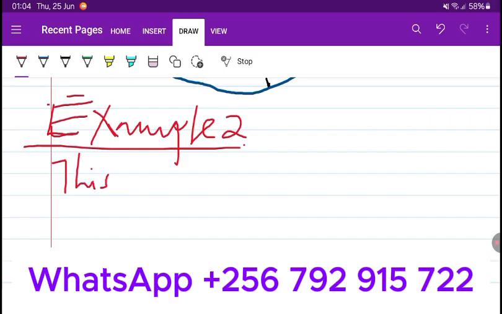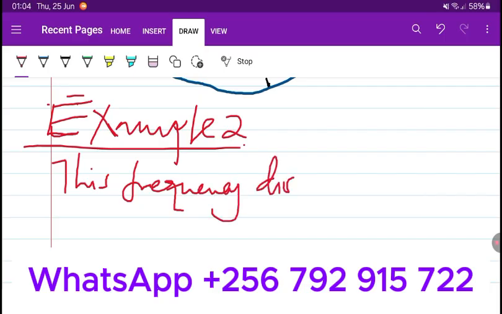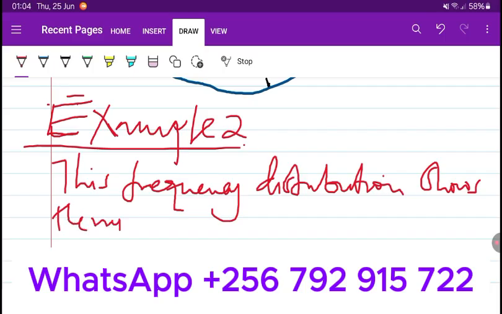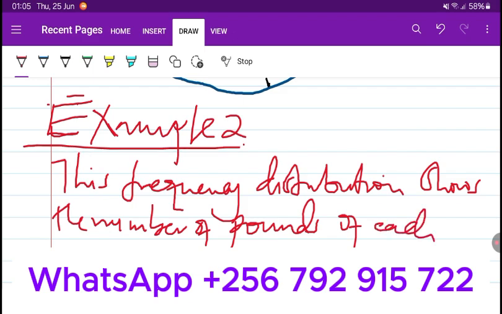So this frequency distribution shows the number of pounds of each snack food eaten during the supper.